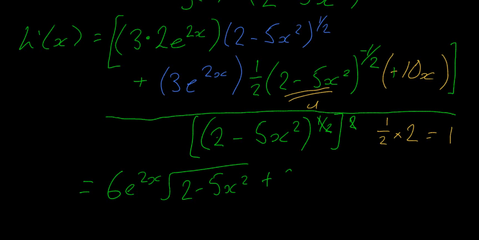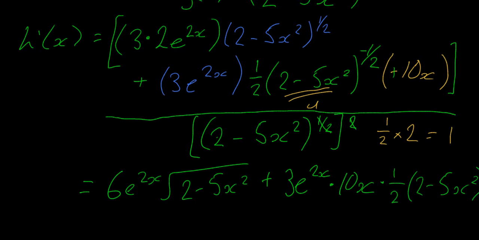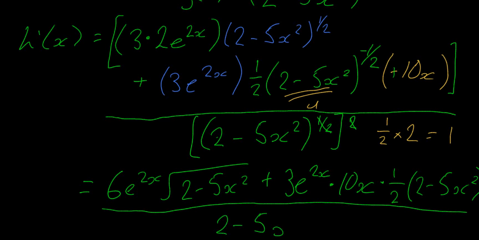We got 3e to the 2x multiplied by 10x. We'll combine the 3 and 10 in the next step, as well as this half. So we have half, 2 minus 5x squared, over 2 minus 5x squared.